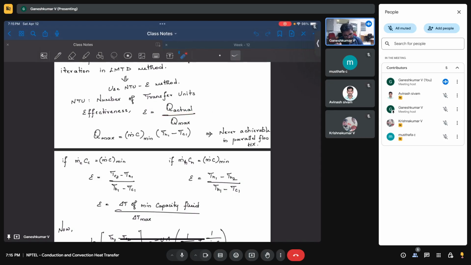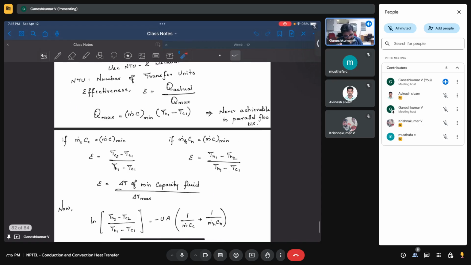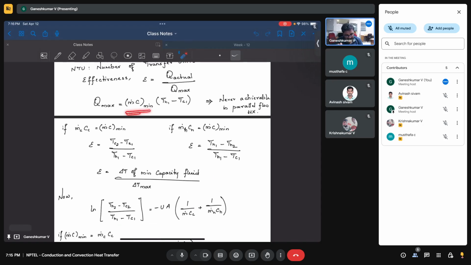Okay, so this maximum heat transfer is defined using C min, the minimum heat capacity, not the specific heat capacity. Heat capacity means m dot into C. Okay, minimum heat capacity times the difference of the inlet temperatures of hot and cold fluid.